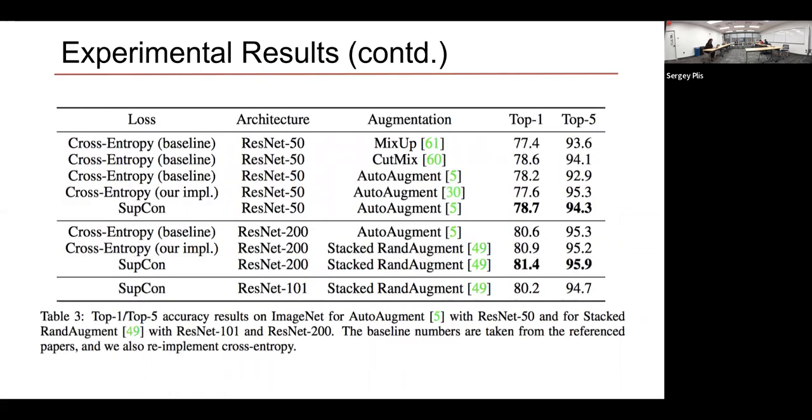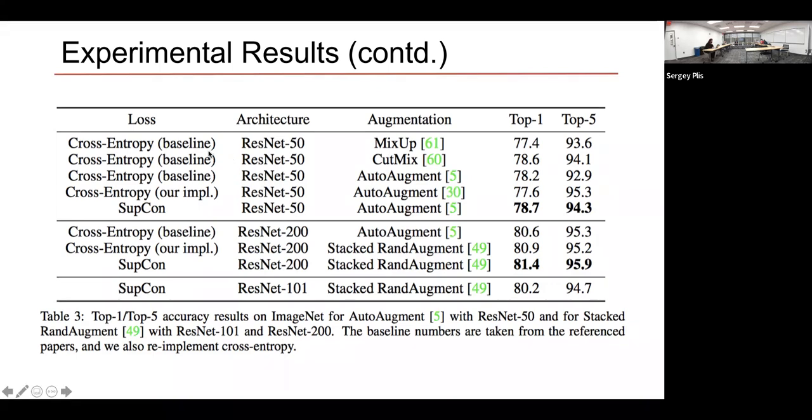Okay, so they also experimented on an image dataset using the AutoAugment technique for data augmentation on ResNet architecture. For different architectures, they actually used different augmentation techniques, but in their findings, AutoAugment works the best.